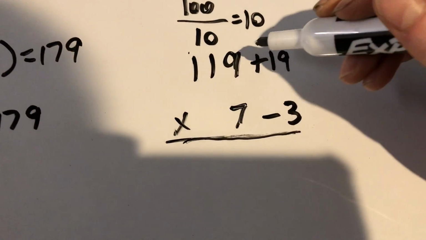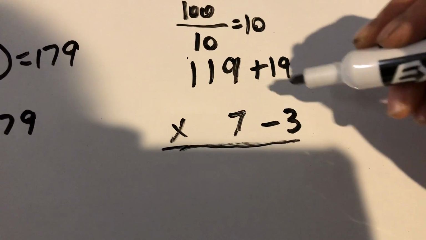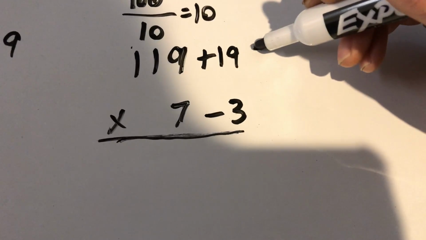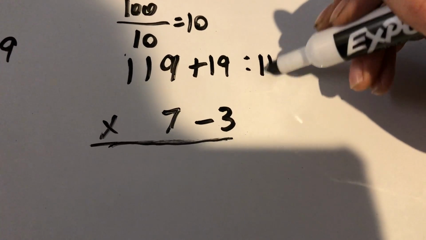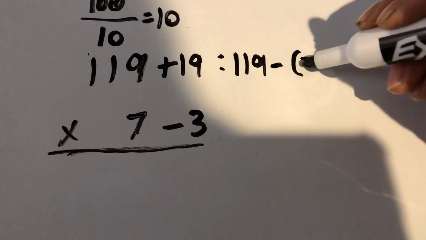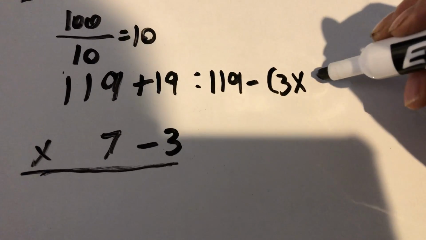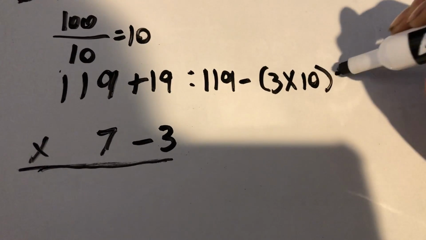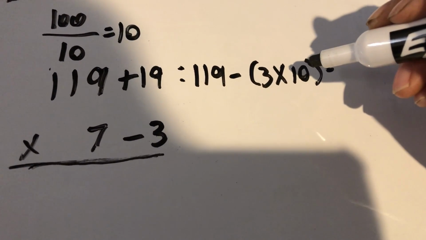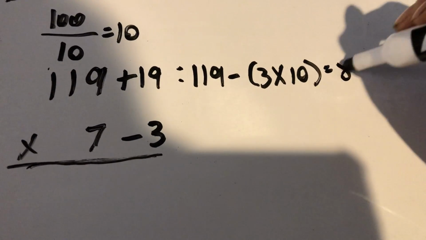Now the next step, we can either subtract and multiply, or multiply and add. So for example, look at colon here. 119 minus 3 times the aspect ratio of 10 equals, let's see, 119 minus 30, 89.